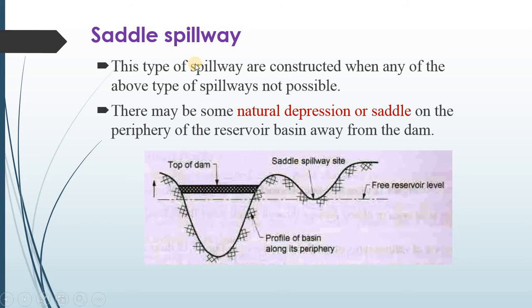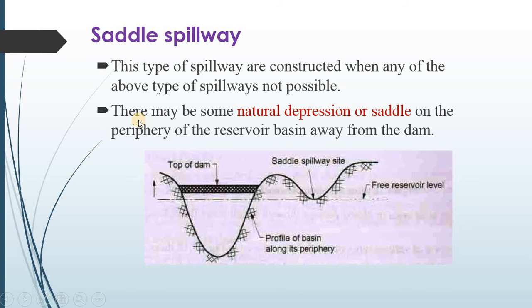Now the saddle spillway. This type of spillway is constructed when none of the above types of spillways are possible. That means when the overflow spillway, chute spillway and side channel spillway are not possible to construct, saddle spillways are used. Now how are these saddle spillways constructed?